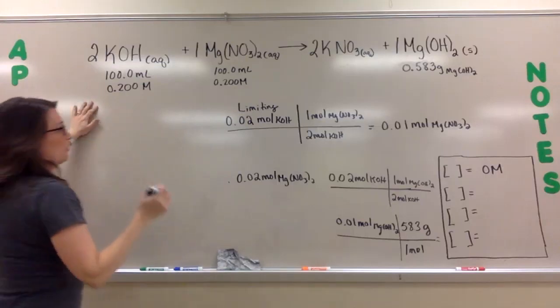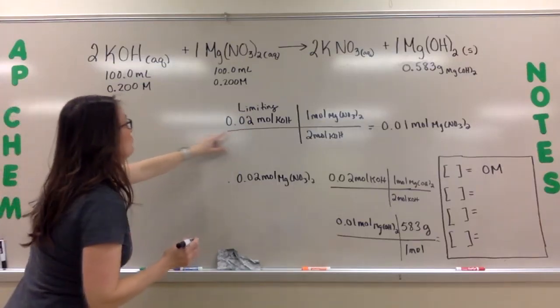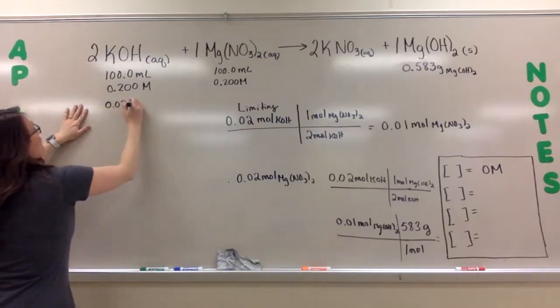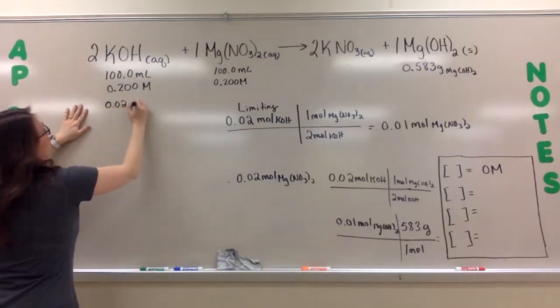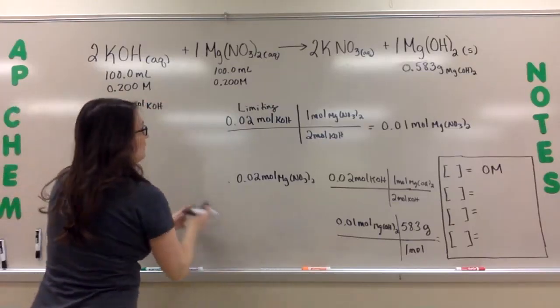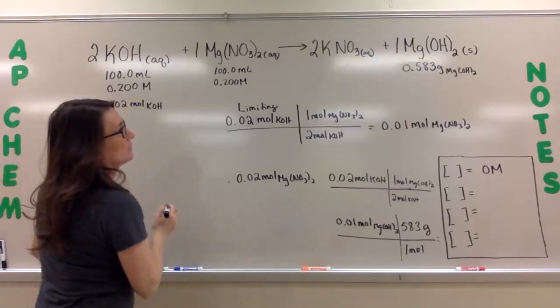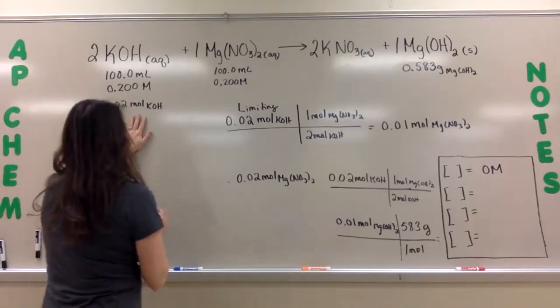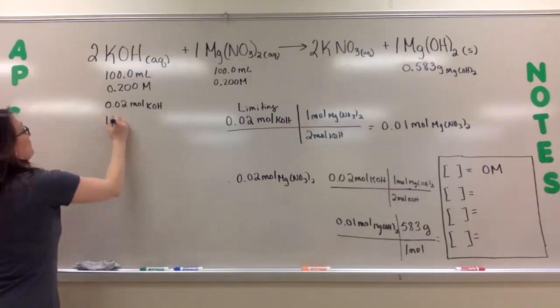So we have 0.02 moles of KOH, okay? And then we only used, do we use all of it? Yeah, right, so this is our limiting.